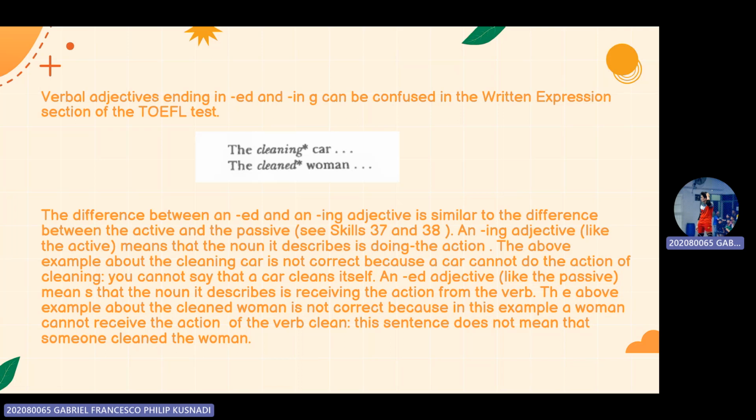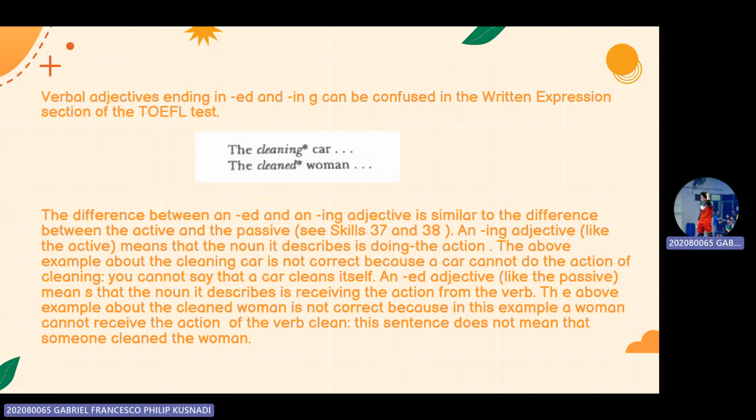The difference between an ed and an ing adjective is similar to the difference between the active and the passive. For example, see scale 37 and 38. An ing adjective, like the active, means that the noun described is doing the action.